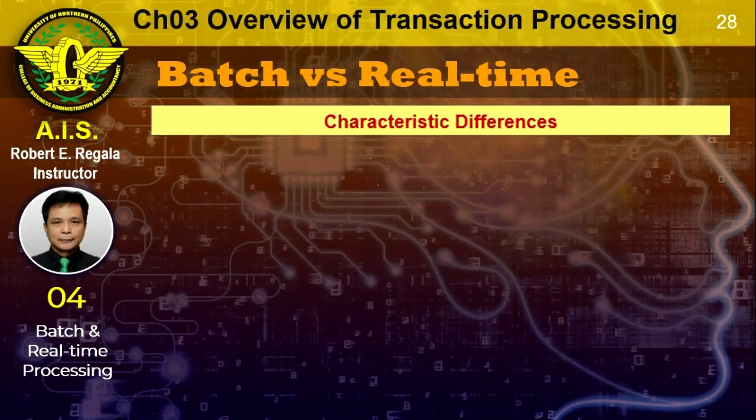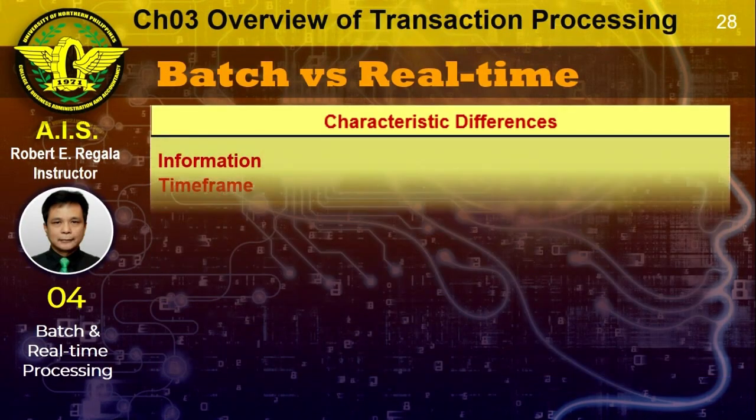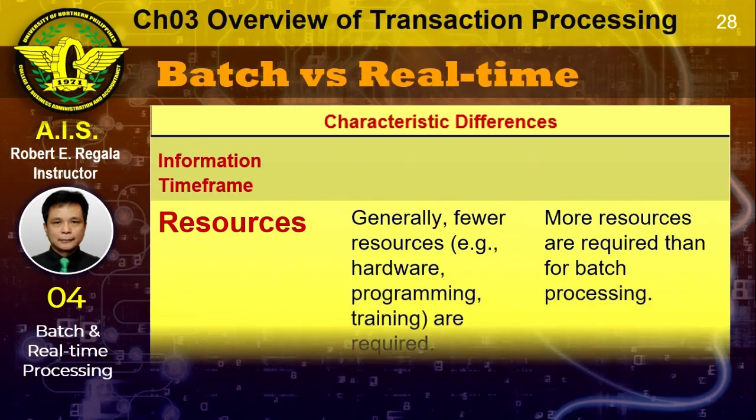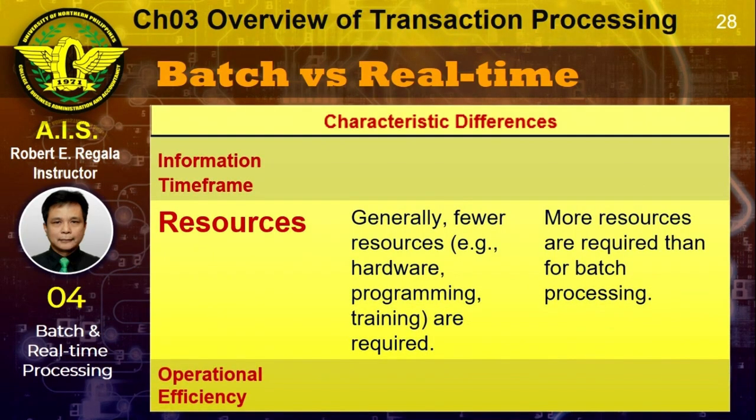The second characteristic difference is in terms of resources used by the processes. Generally, batch systems demand fewer organizational resources such as programming costs, computer time, and user training than real-time systems. For example, batch systems can use sequential file storage.